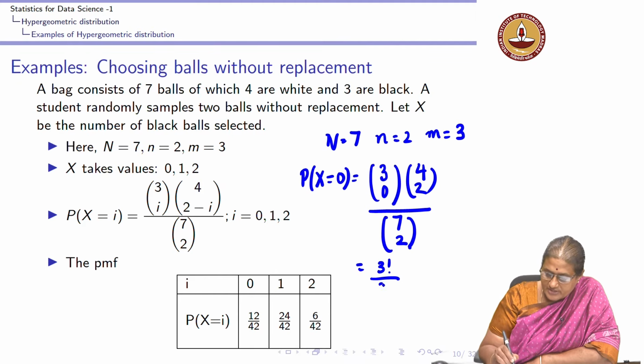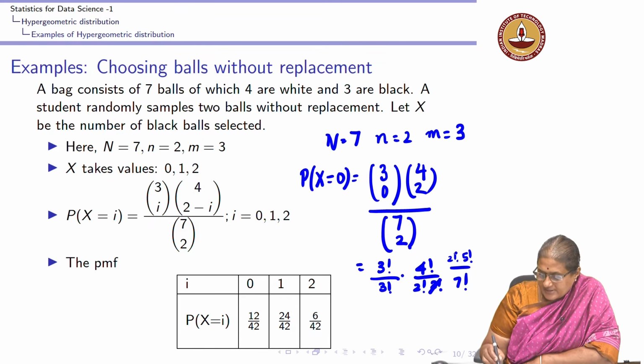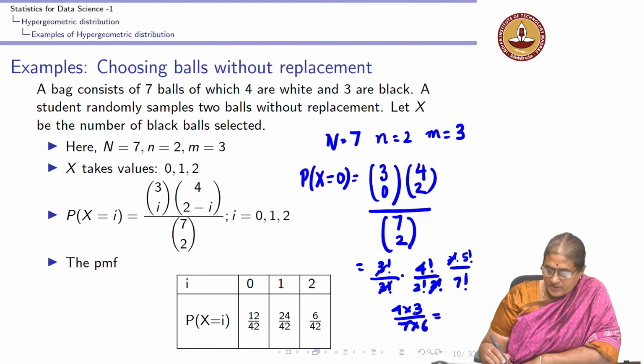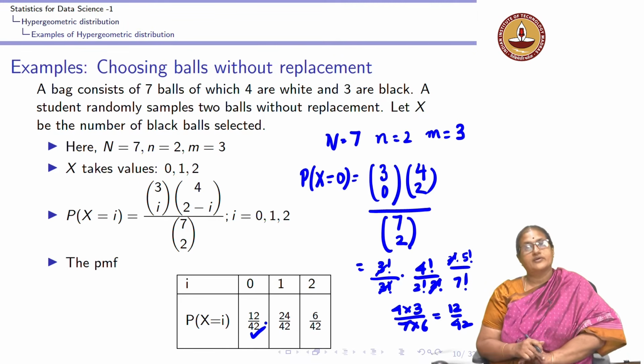So, this is going to be just 1. 4 factorial by 2 factorial, 2 factorial, 7 factorial by 2 factorial, 5 factorial. So, I can cancel this out. I have a 4 into 3 and 3, this is cancelled out, to 7 into 6. So, this is going to be 12 by 42, which is what I have here.